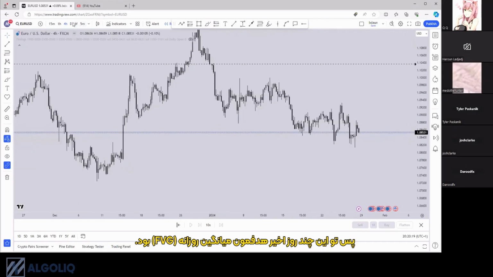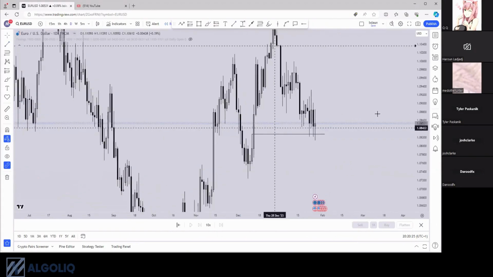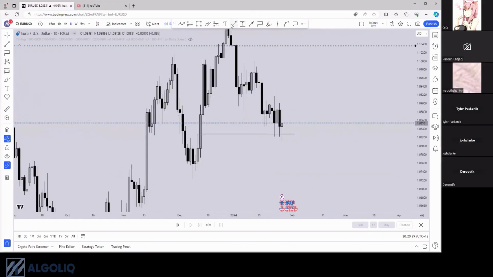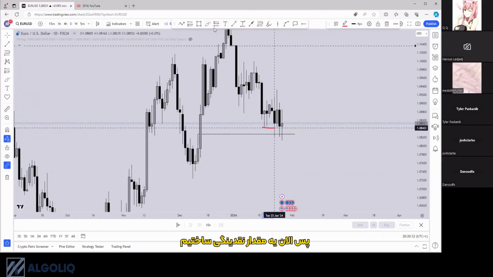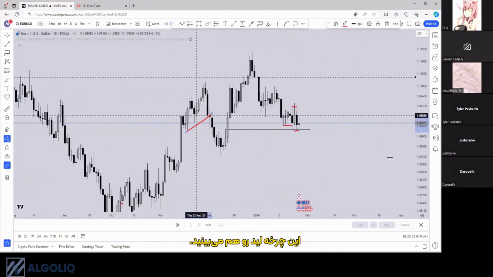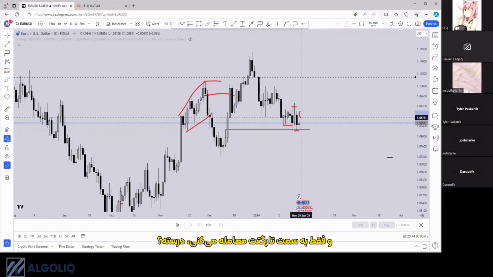For example, the last few days, our objective was the daily FVG. We also know that if you trade the daily FVG, we need to create some liquidity. So now we did create some liquidity. We did have a reversal MSU, but in this case it's not enough. You also see this cycle. So usually I personally am targeting this low, and you just trade towards your target.